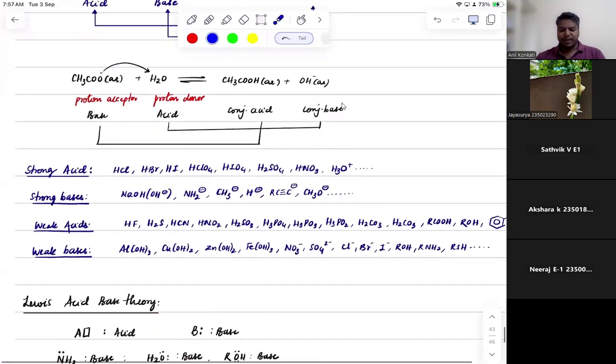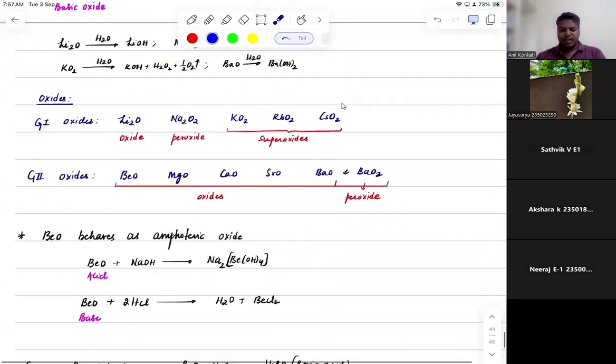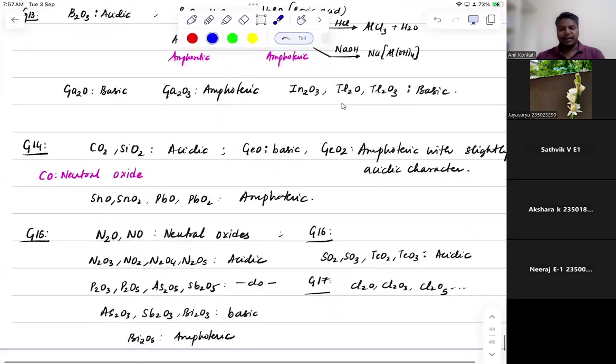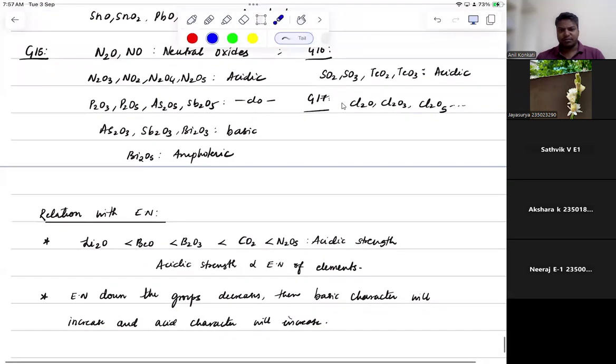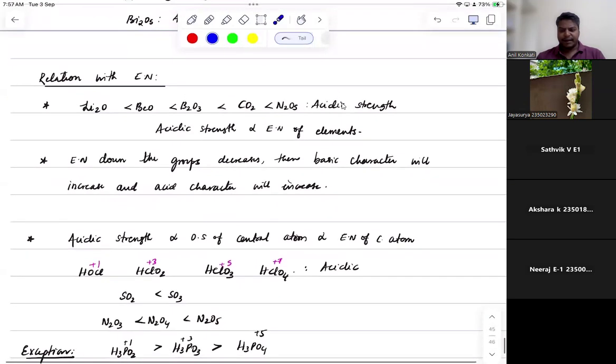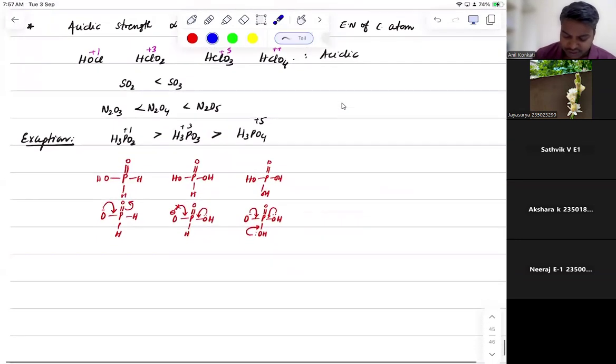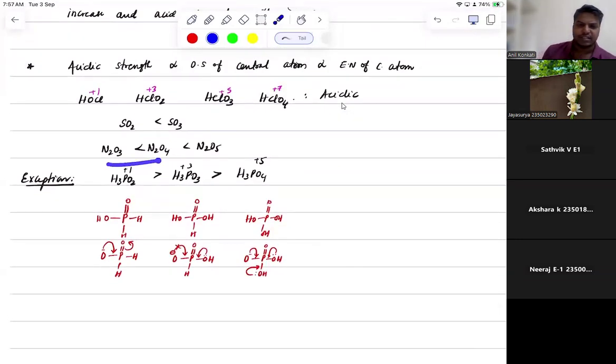Arrhenius acid base theory and all, I'm sure everybody knows which is more acidic, which is more basic. I've just written it again just in case you wanted to check which of them are acids and bases. Okay. And one last exception out of this is H3PO2, H3PO3, and H3PO4.